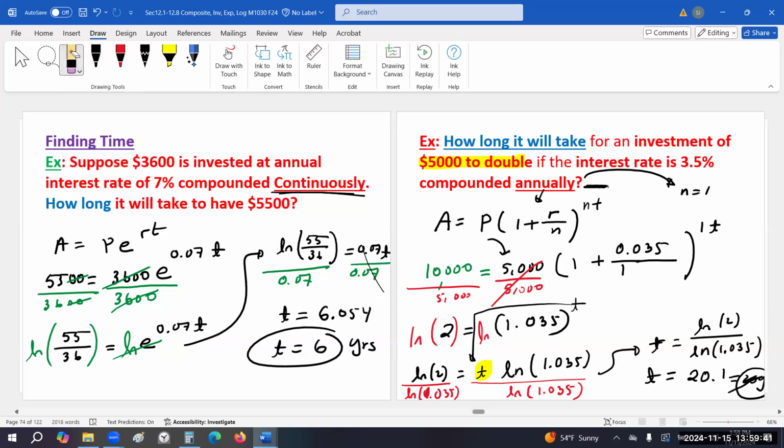But 20 is fine. If you compound only once a year, it takes about 20 years to double your $5,000.